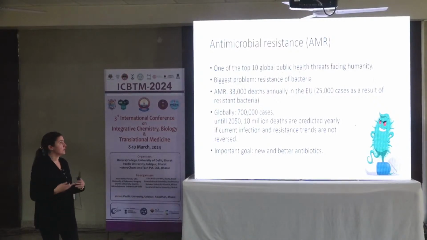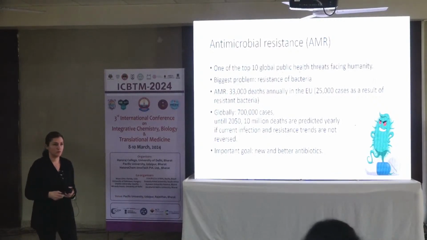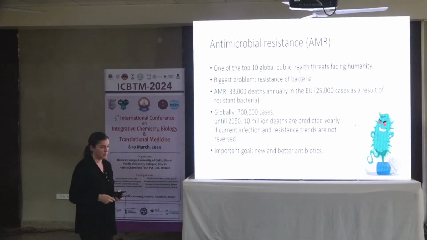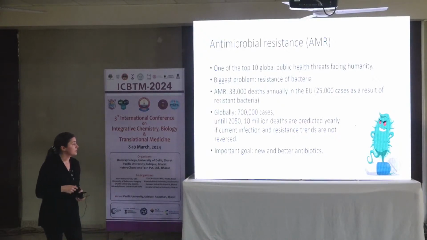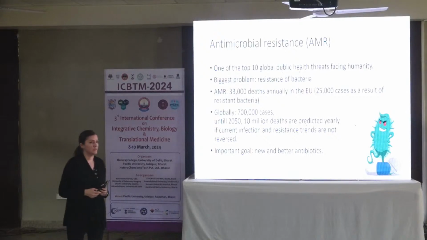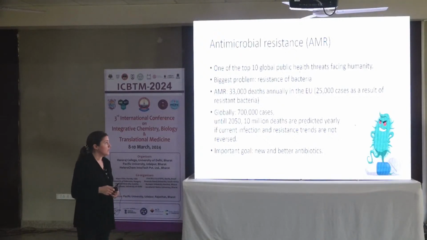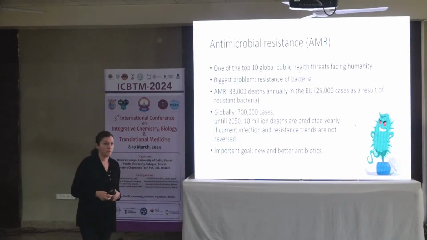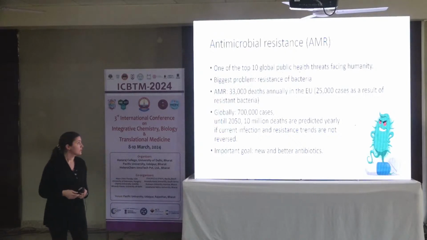Besides viruses, antimicrobial resistance is also a huge problem, and the most important problem is the resistance of bacteria. Antimicrobial resistance is responsible for about 33,000 deaths annually in the European Union, and 25,000 death cases occur as a result of infections caused by resistant bacteria.